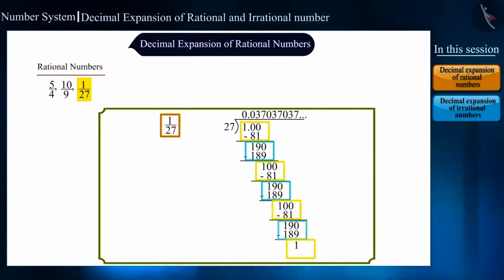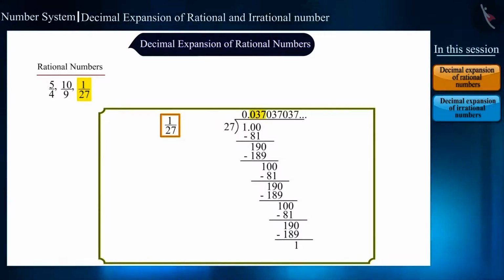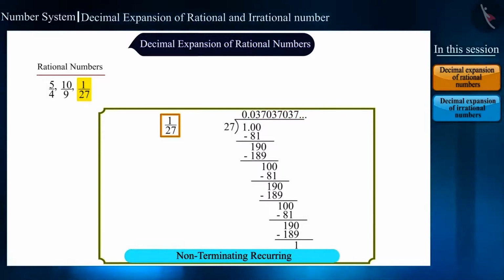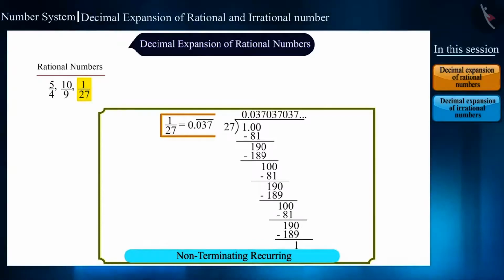If we solve this further, then the same 3 steps are being repeated. And now if we look at the quotient, then we realize that just like there is repetition in the remainder, there is a repetition of the 037 group of digits in the quotient after the decimal point. So can we call this decimal expansion also non-terminating or recurring? Yes. And we will write it as 0.037 bar.